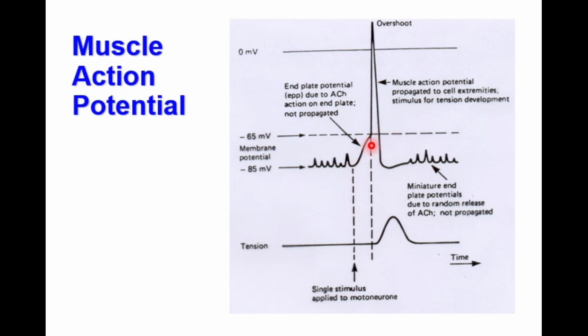When end plate potential crosses the threshold of excitability, an action potential is produced, which propagates over the cell membrane. Each nerve stimulation only produces a single action potential because acetylcholine is rapidly hydrolyzed by acetylcholinesterase.